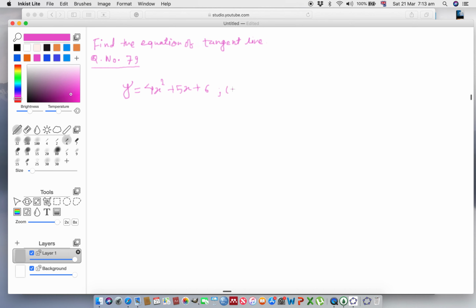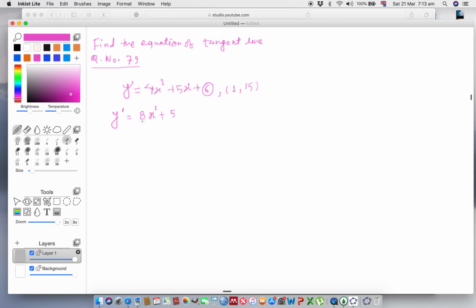For this, first of all, we have to find the first derivative, that is y prime is equal to 4 twos are 8 and x to the power 2 minus 1 is 1, by using the power rule, plus 5 ones are 5 and x to power 0 is 1, so no need to write it here, and the derivative of the constant 6 is 0.